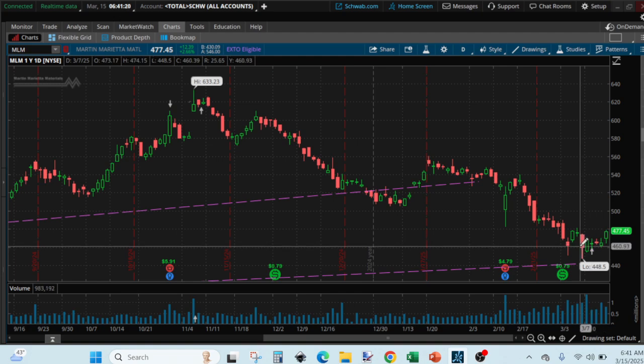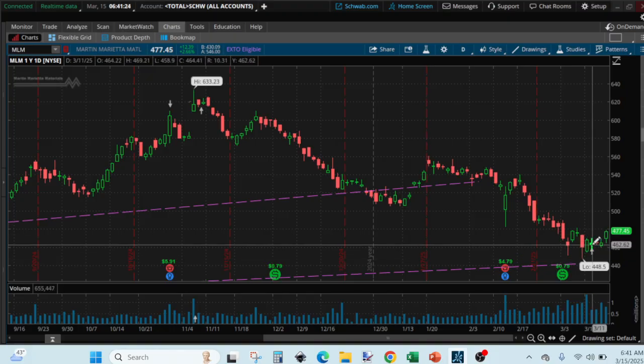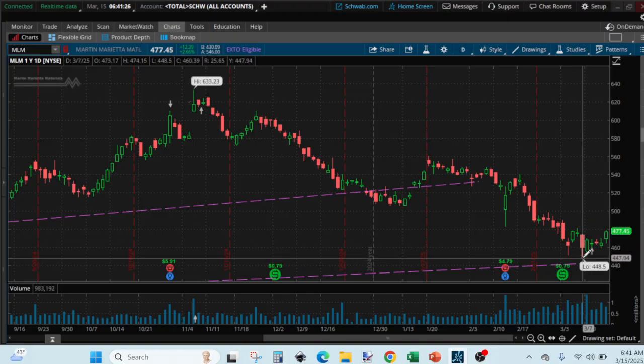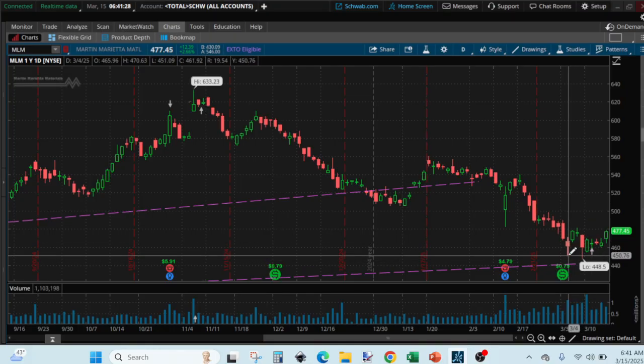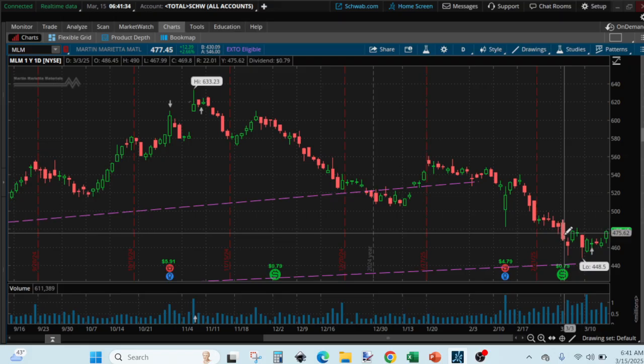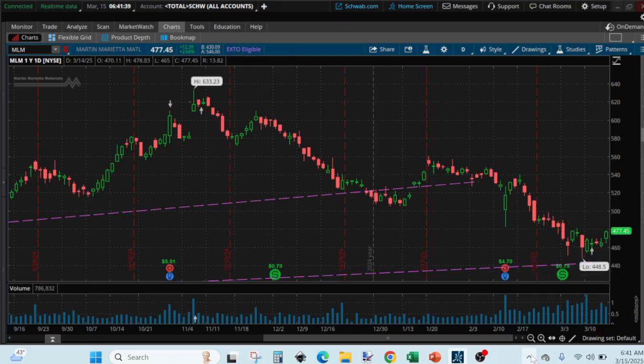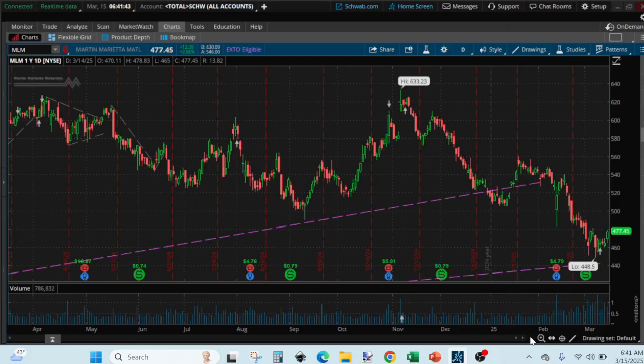So you can see that we were not even having higher lows yet when we got in, because this is still lower than this one and we got in. So it's not our standard rules, but I know that it was the lowest trend line that we traced for it, and it most likely will not go lower than that, although anything is possible.